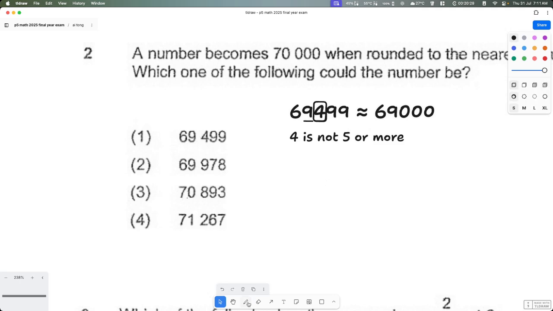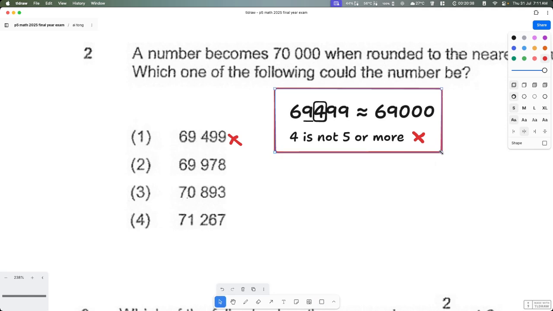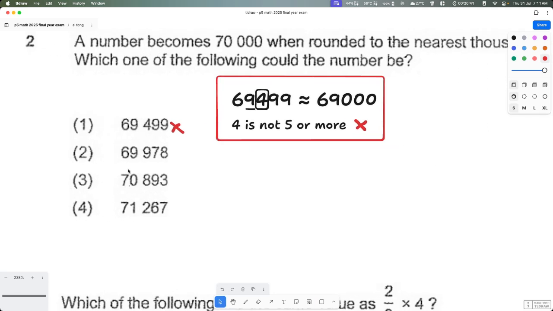With that said, this is not the right answer, so we will cancel this. Let's move on to the next number.